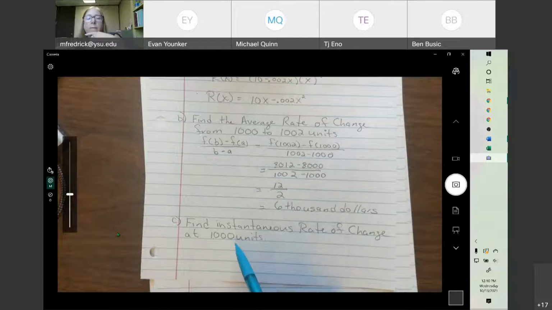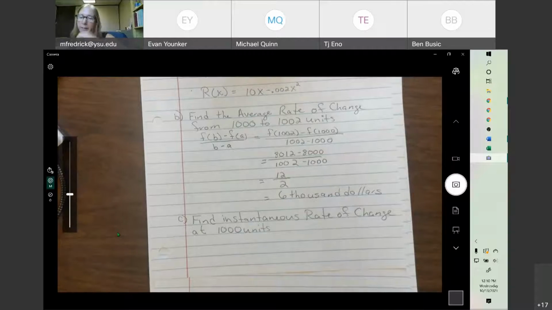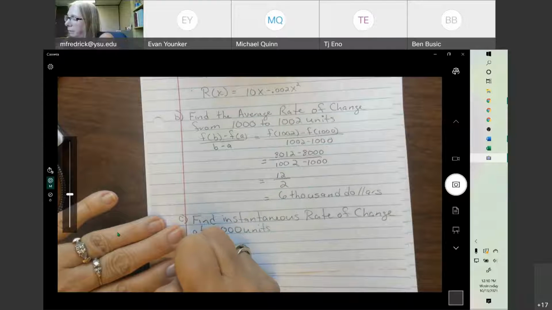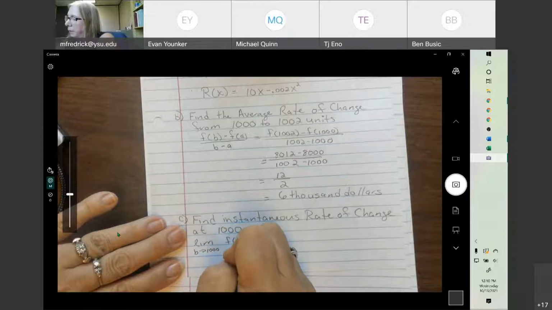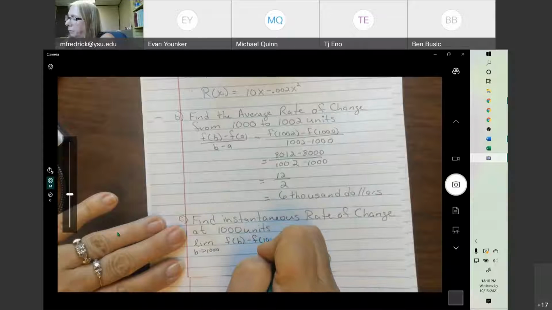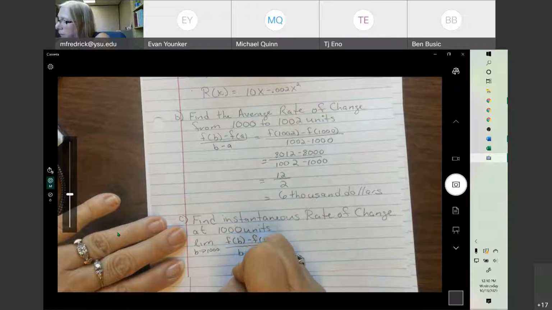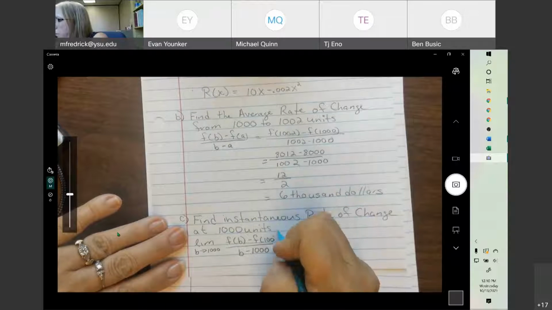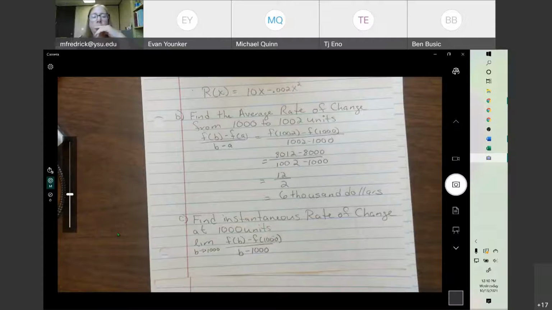But when it's at one value, and after this problem, we'll learn another way of finding it, it's the limit as b approaches 1,000 of f of b minus f of 1,000 over b minus 1,000. Any questions so far?